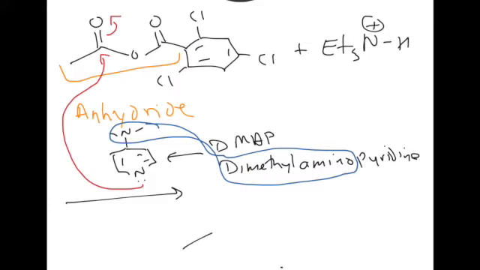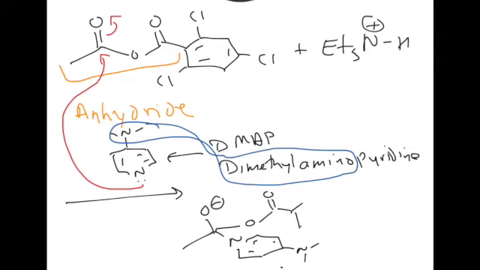And what this does, other than not fit easily on my iPad screen, is when this adds, your molecule can then spit out the other side of the anhydride, and you get, there's a plus here, this activated carbonyl.